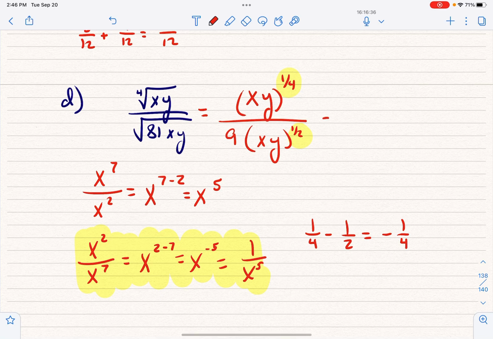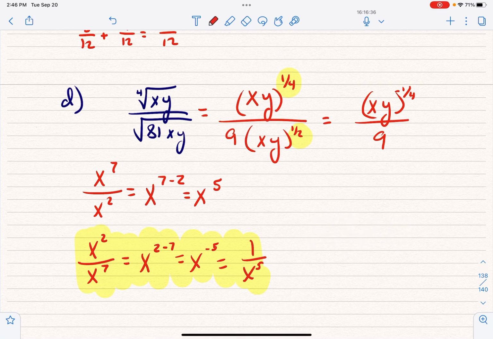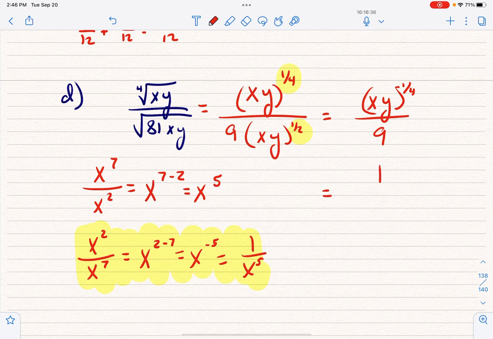And so this would be equal to xy to the negative 1/4 over 9. But we don't want to leave it like that because when we have a negative exponent, we want to deal with that. And so we shift that to the bottom, and this becomes 1 over 9 xy to the 1/4. And that's our final answer.